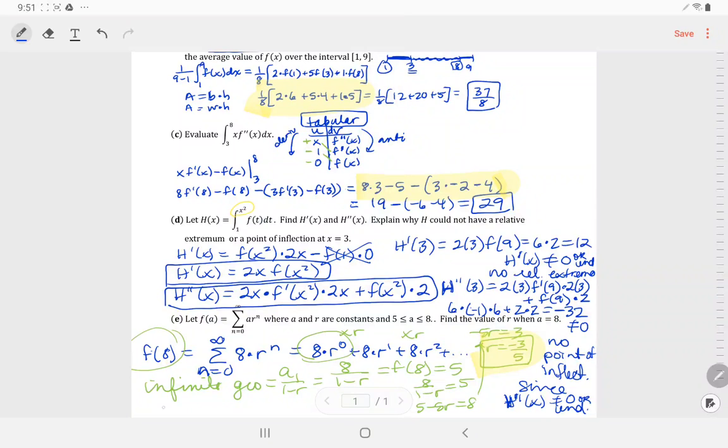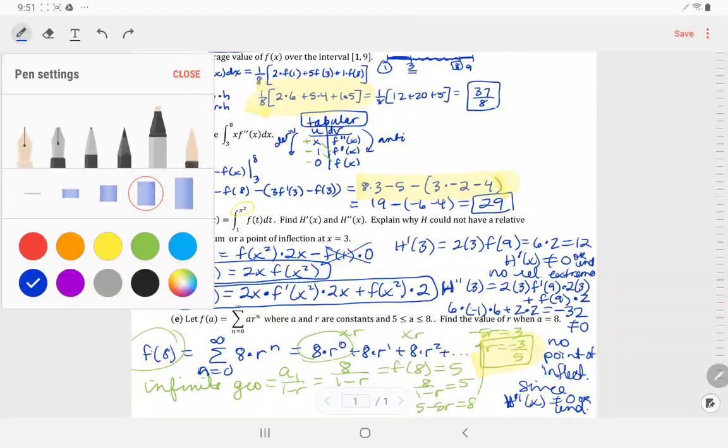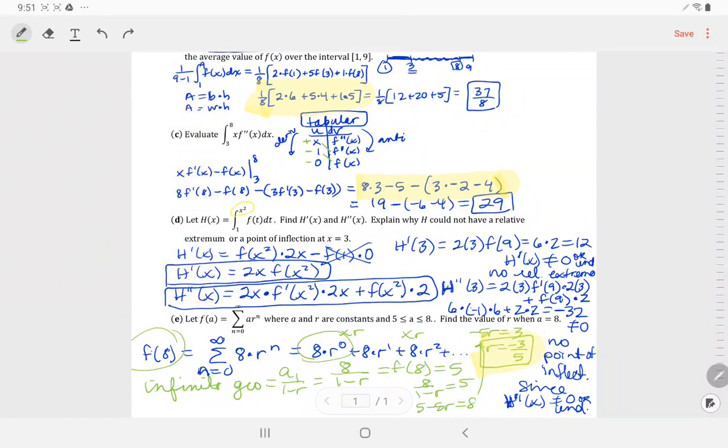Okay, so let's see. So I'm thinking if r was negative 3/5, so that would be 8 times negative 3/5 to the n. So that would be 8 times 1 if I plugged in 0, and 8 times negative 3/5, and then 8 times 9/25.